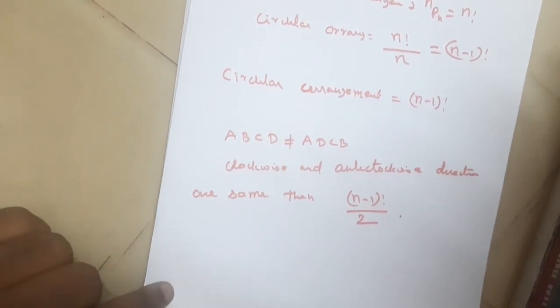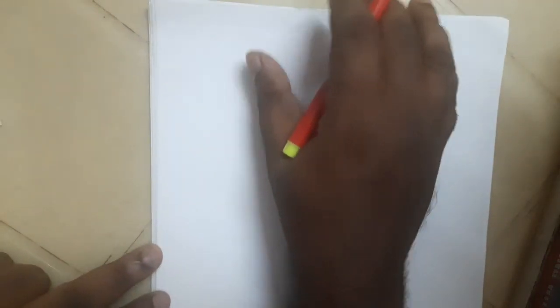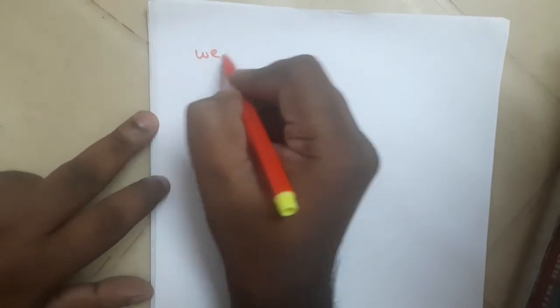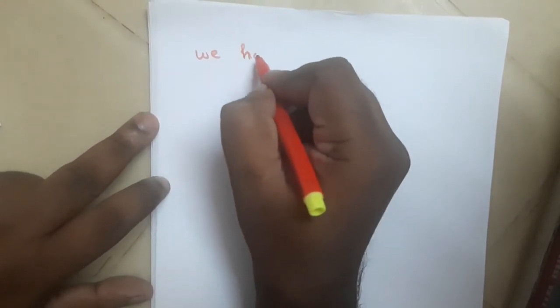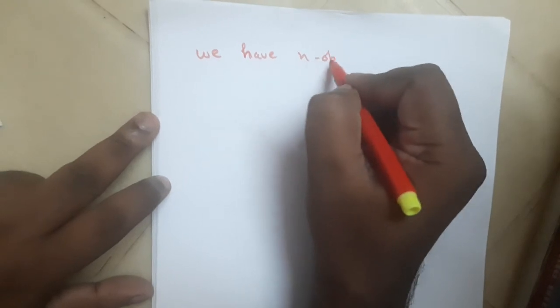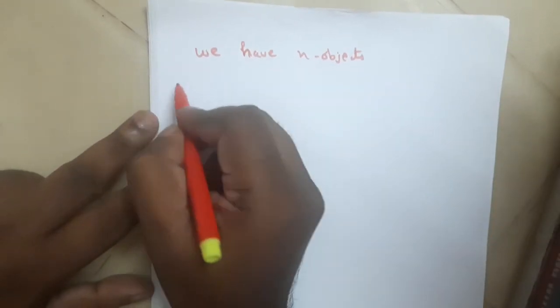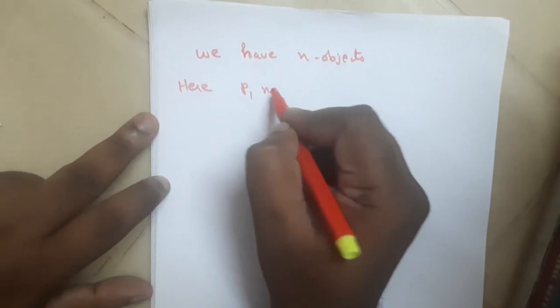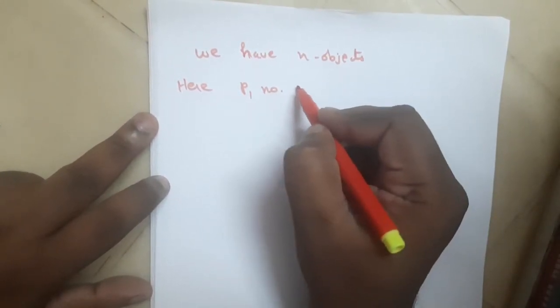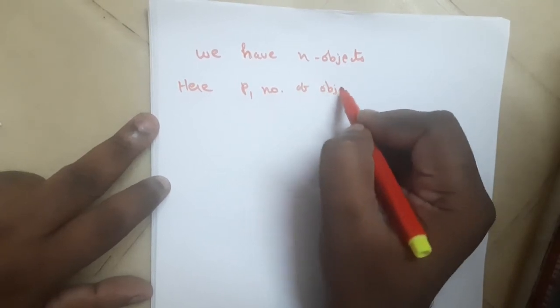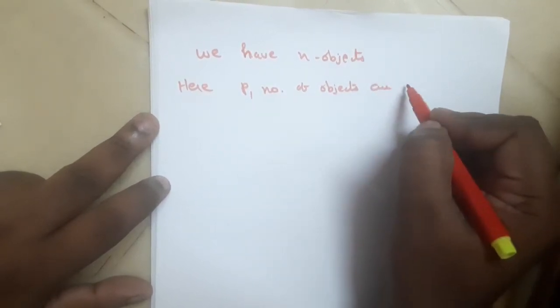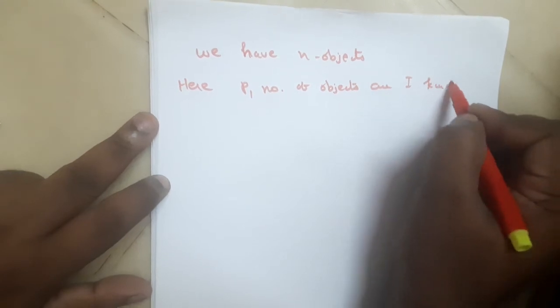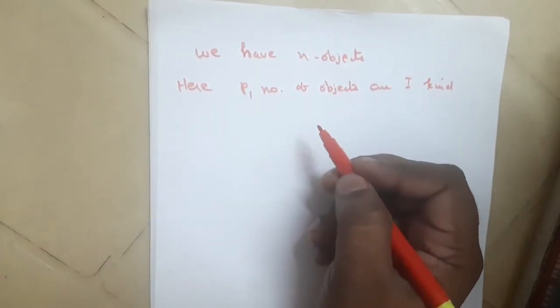Okay. The next formula is, suppose we have n objects. Here P1 number of objects are of the first kind, that is, P1 number of objects are the same.